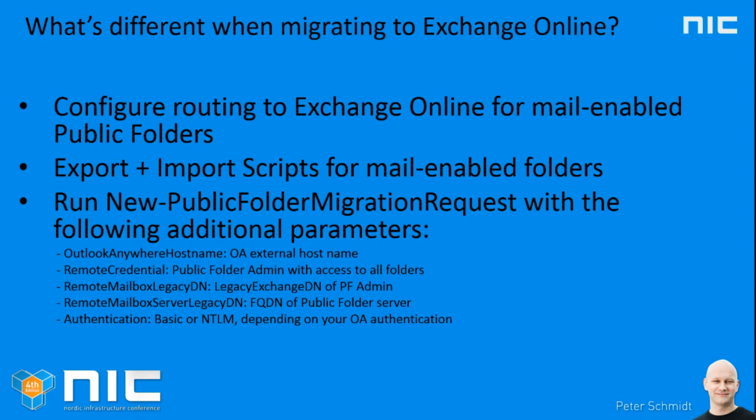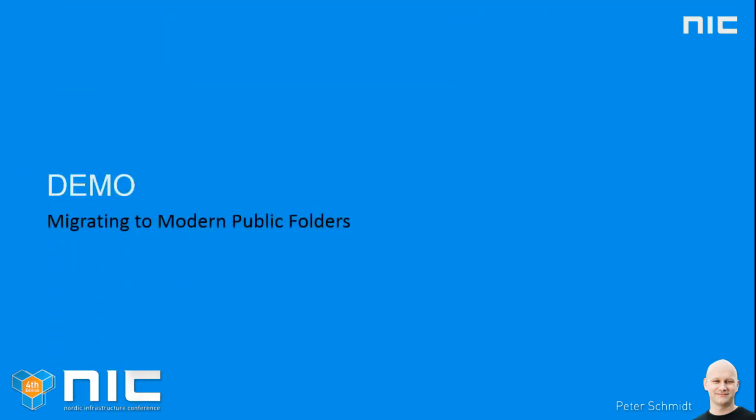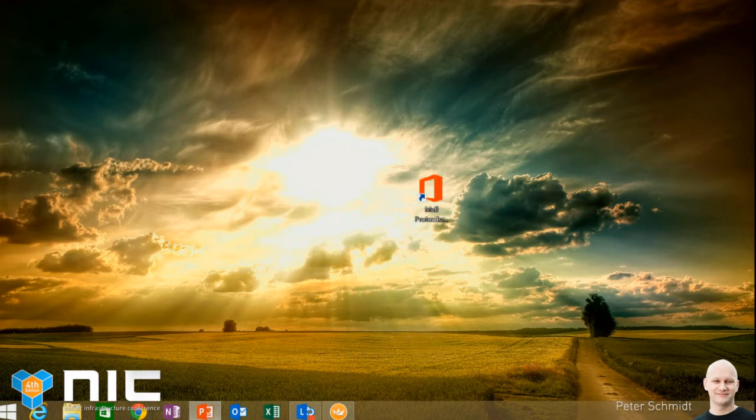So basically you give the request information about what your Outlook Anywhere URL is, and information to an account on-prem which has full access to your public folder data. I'll show you how that works later. So let's see how all that actually works.